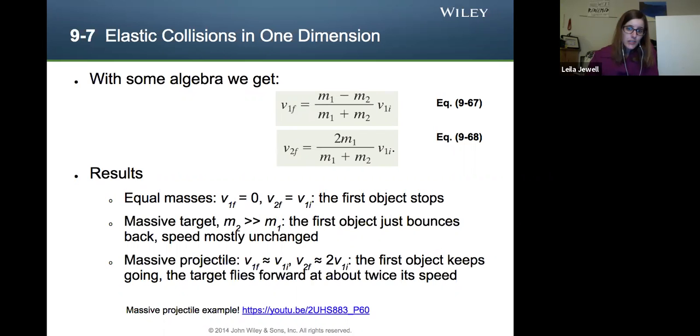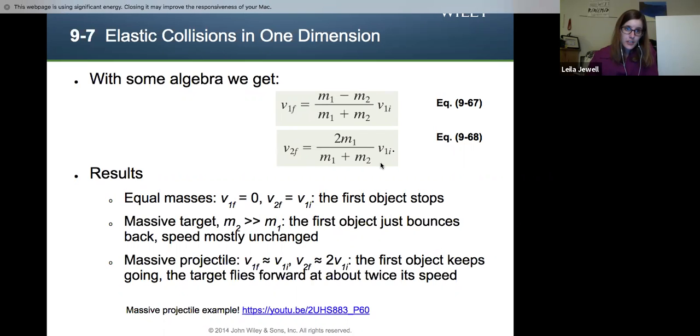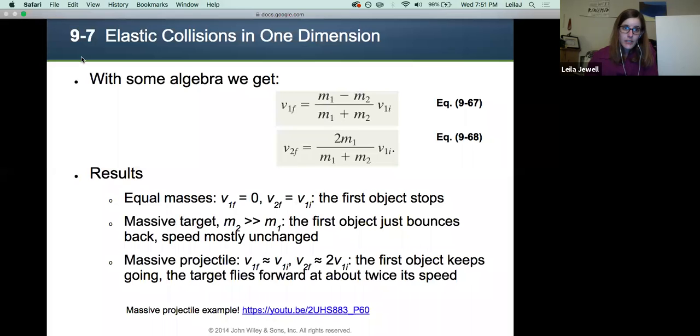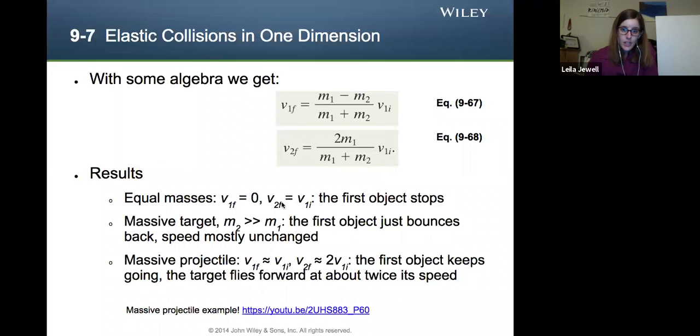We also could look if we have a massive target, right? Where if we have something small coming in to hit a bowling ball, well, in that case, what you'd expect is that the ping pong ball is going to just bounce off the bowling ball. And we can double check that here. If m2 becomes really, really large, then v2f of the massive target is going to be 2m1, which is pretty small, over a really, really large denominator.